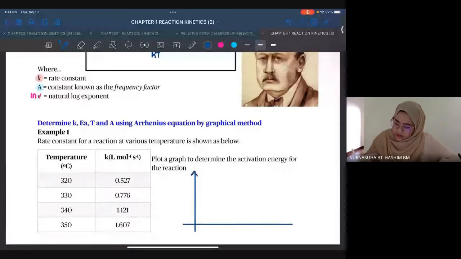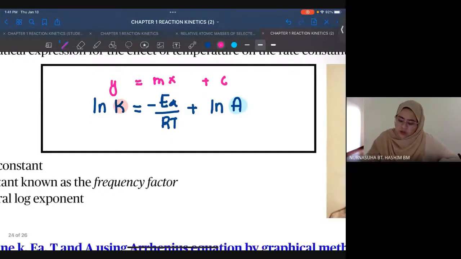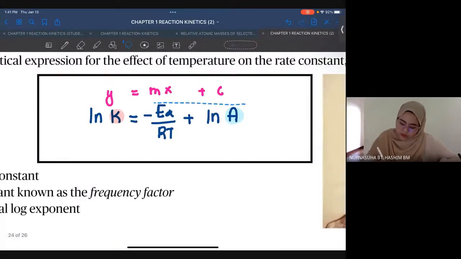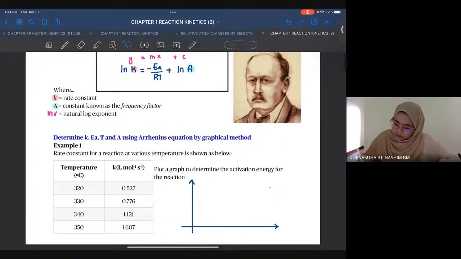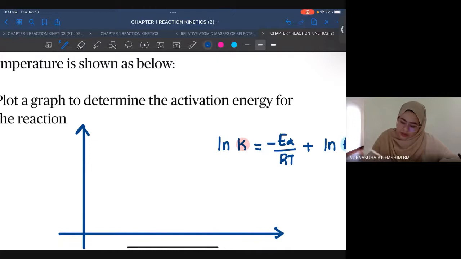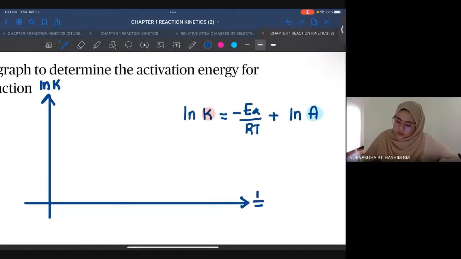So yang equation dekat atas ni sebenarnya madam sudah arrange according to y equals to mx plus c. Okay, so basically your y-axis is the ln K. Ln K adalah y-axis. X-axis awak adalah 1 over temperature.